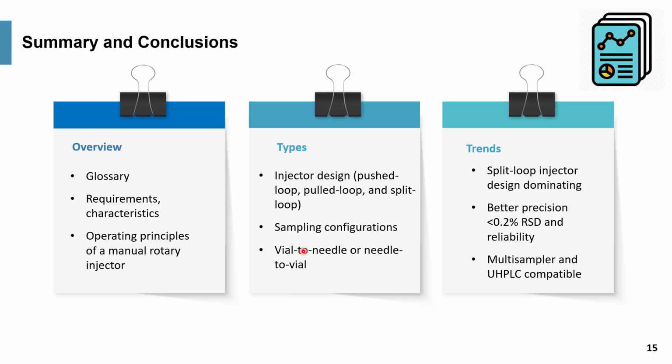We talked about sampling configurations and the different types of sample compartment configurations. The trend is definitely towards the split-loop injector dominating all modern designs. Great precision down to 0.2% RSD reliably on a daily basis, and also the emergence of multi-samplers and HPLC-compatible autosamplers.